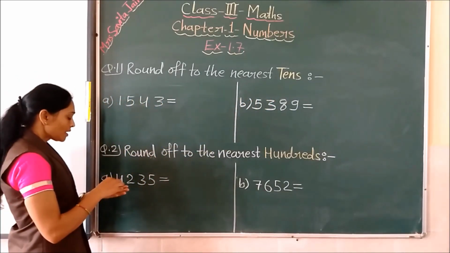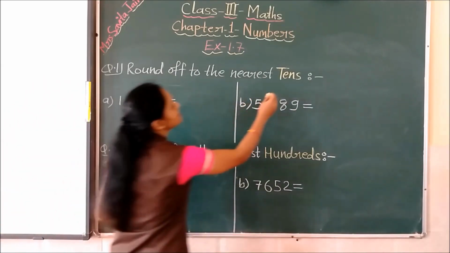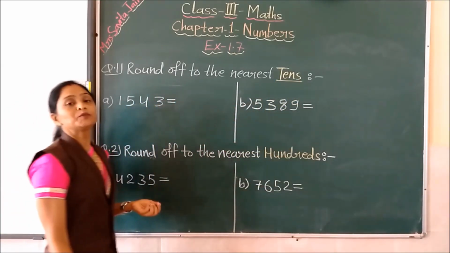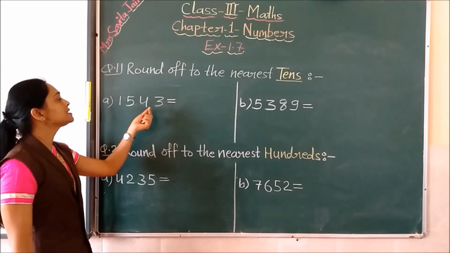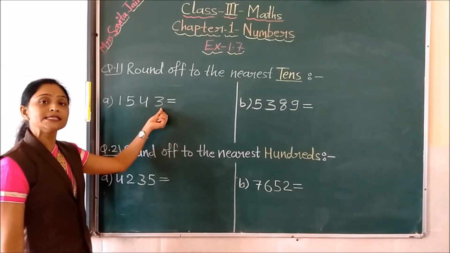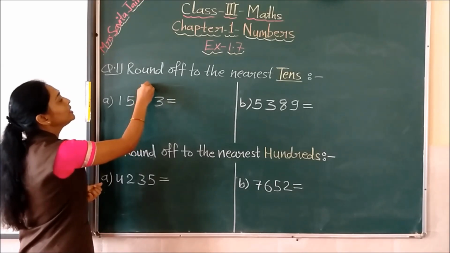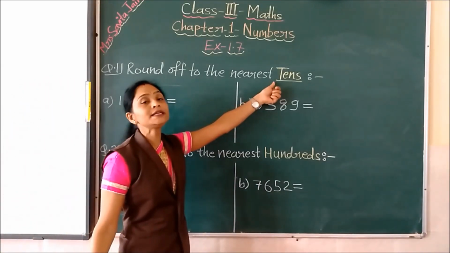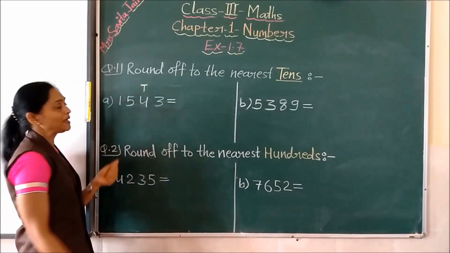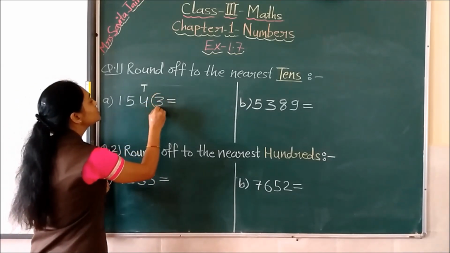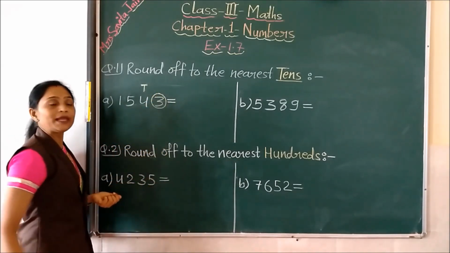See children, to round off to the nearest tens, first we have to see the digit which is to the right of the tens place. So this is the tens place. It means if we want to round off to the tens, we have to see the ones place digit, which is to the right of the tens place.